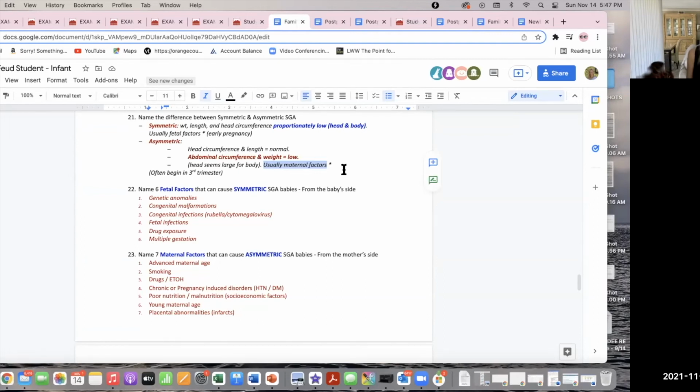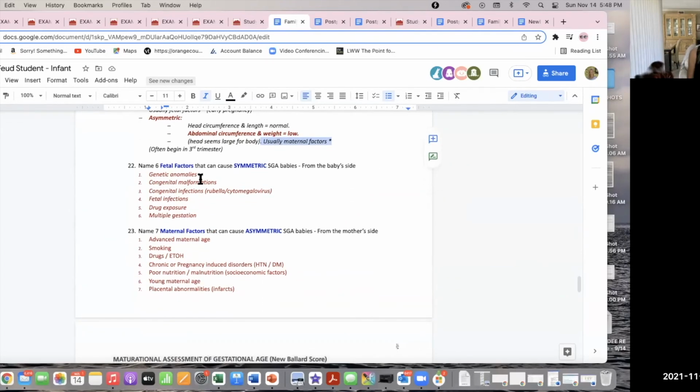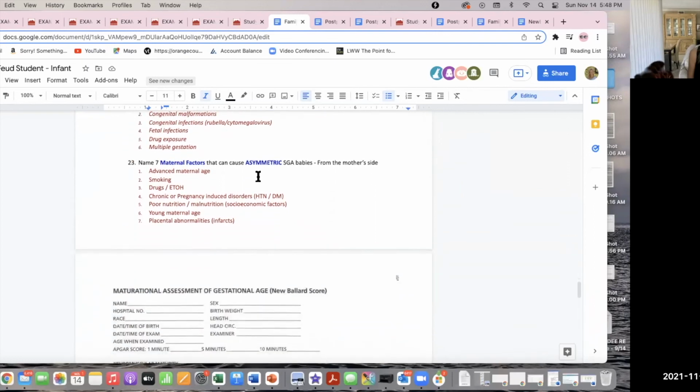So I tend to like to think about it as, if it's symmetrical, usually it's a normal thing, twins. If it's asymmetrical, it's something that is wrong with mom's body that's affecting the baby now to lose the weight he once gained. All right, and then you can read through these. Gives you more reasons.